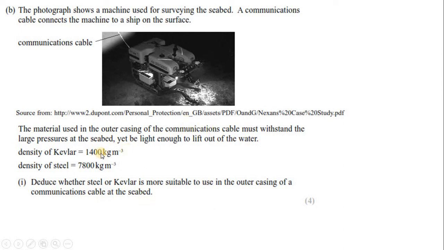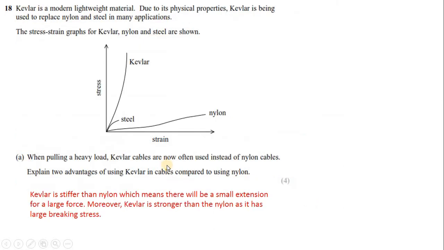Deduce whether steel or Kevlar is more suitable to use in the outer casing of communication cables at the seabed. Indeed, the density of Kevlar is quite less than the density of steel. That means Kevlar is lightweight. Even so, it is stronger than steel because it has a high breaking stress.